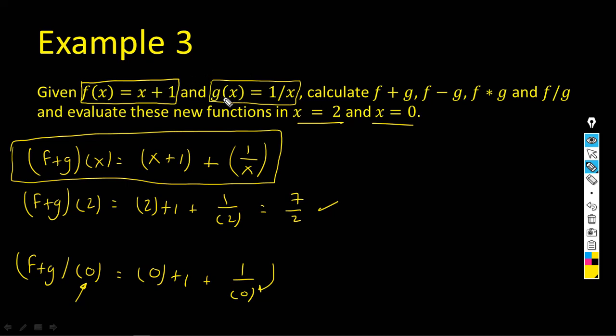So it has to respect each of these two domains. So f plus g has to respect both domains, and that's why, since the domain of g doesn't include 0, the domain of f plus g has to exclude 0 also. So the domain of f plus g is all the real numbers again, but excluding the number 0.